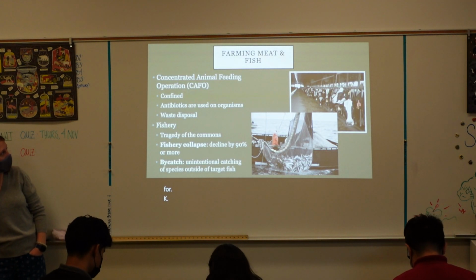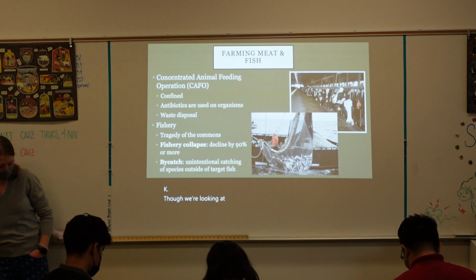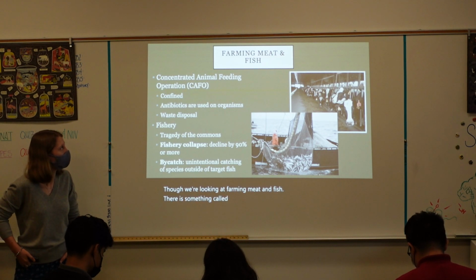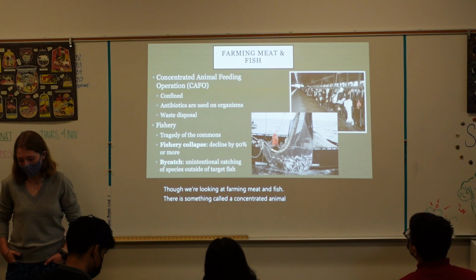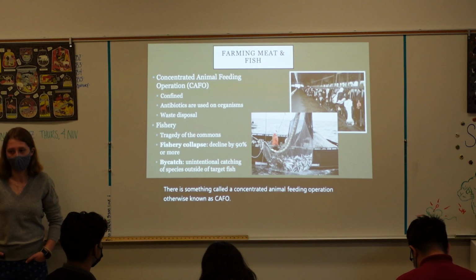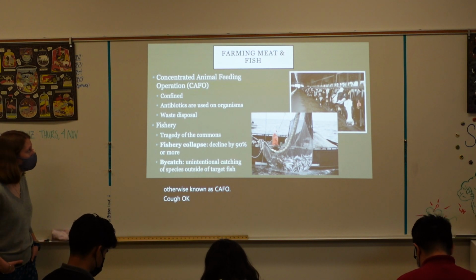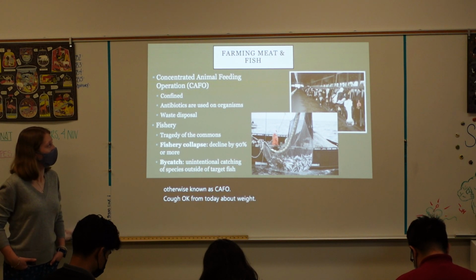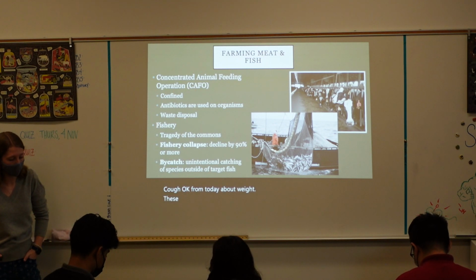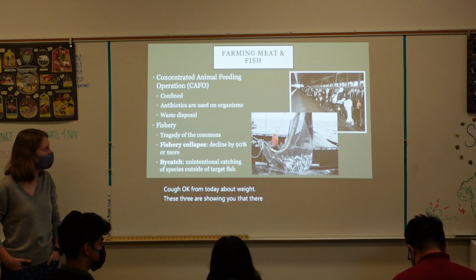So when we're looking at farming meat and fish, there is something called a concentrated animal feeding operation, otherwise known as CAFO. Now, these three are showing you that there are confined spaces.